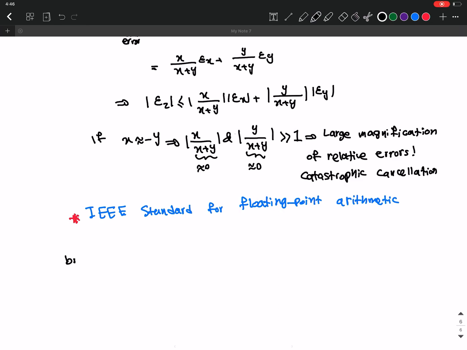So for example, for 32-bit, we have binary 32.